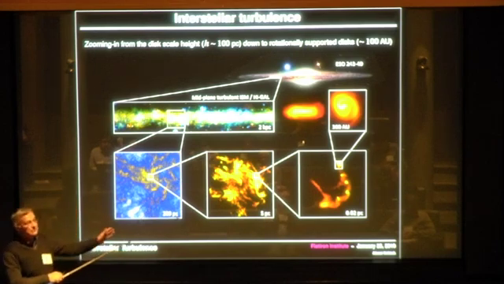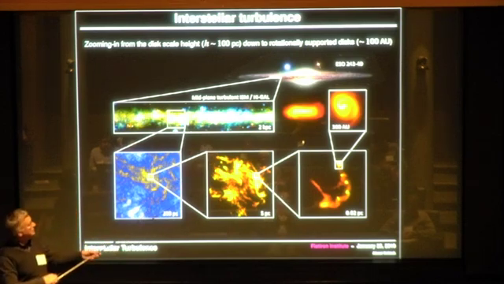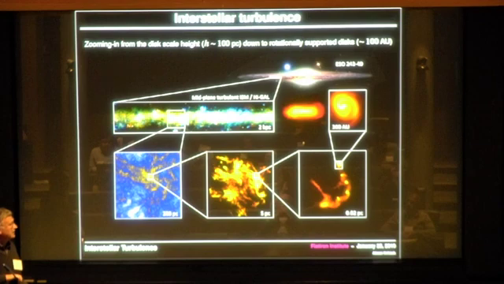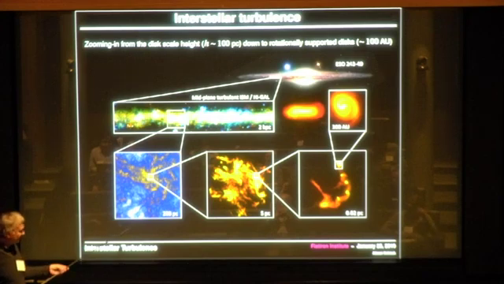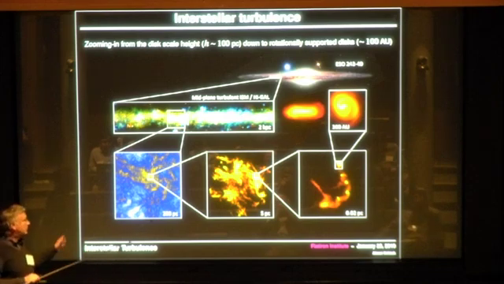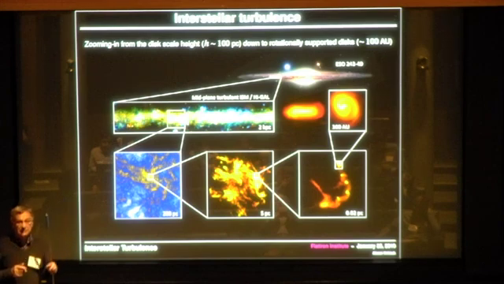To do that correctly and numerically, we need to go to larger scales to reproduce the field geometry in a natural way. And so at some point, we came up with this formulation of MHD models with a multi-phase ISM in boxes which are comparable in size to the scale height of the disk.